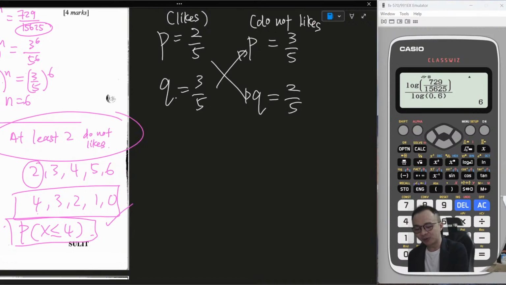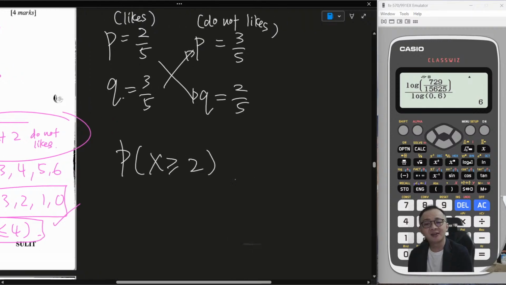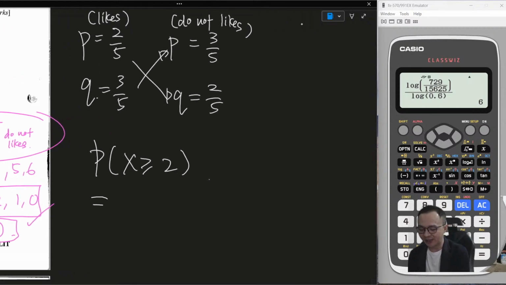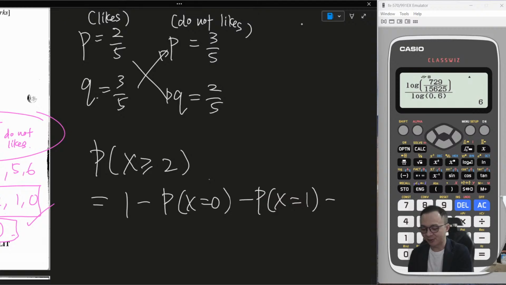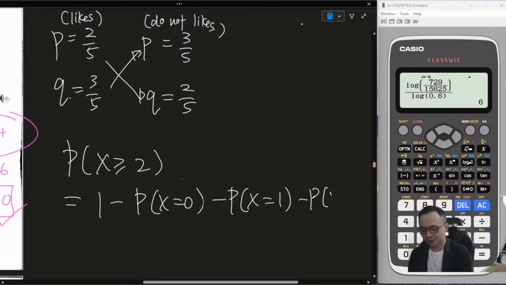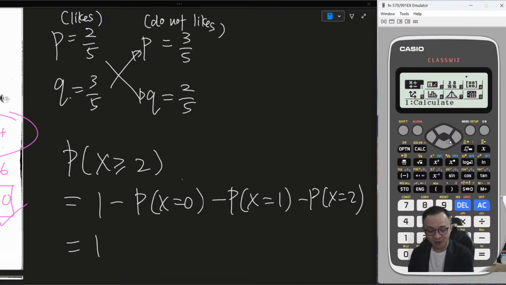Then now I no need to think. I just do at least 2. Do you see that? Then I just use 1 minus the probability: X equals 0 minus X equals 1 minus X equals 2. Then yeah, this one I'm a bit lazy, I use a calculator. But in the exam you all do it manually, please. So for 0, 1, 2, my n is 6, my probability is 0.6.